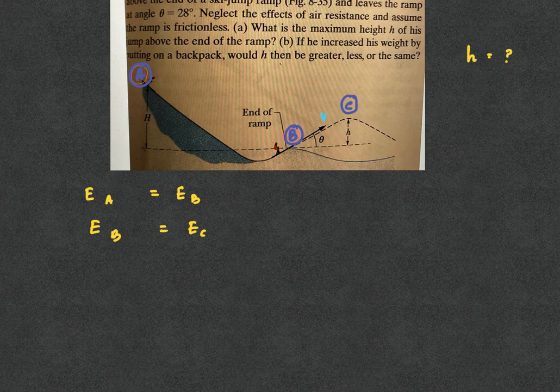And at point C, if I ask you what is the velocity, then some of you may say the velocity is 0, but the answer is incorrect. The y component of the velocity is 0, but the x component of the velocity would be the same as v cosine theta, because the x component acceleration is 0.